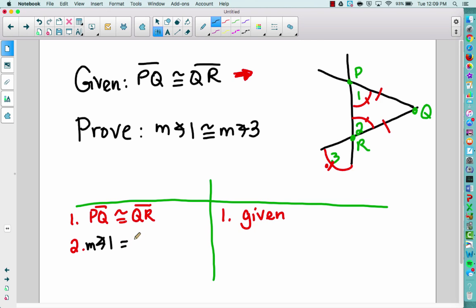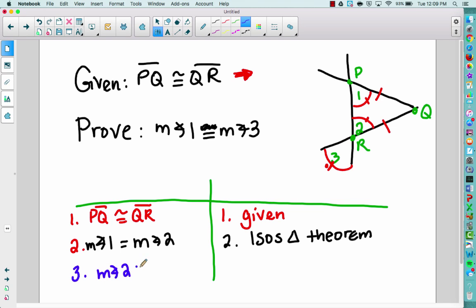was equal to the measure, and this should actually say equal, not congruent, to the measure of angle 2. And that would be because of the isosceles triangle theorem that we just learned. If the sides are congruent, then the angles opposite those sides are congruent. All right, then I used my vertical angles, so I said that the measure of angle 2 was equal to the measure of angle 3, and that's our favorite theorem, the vertical angle theorem.